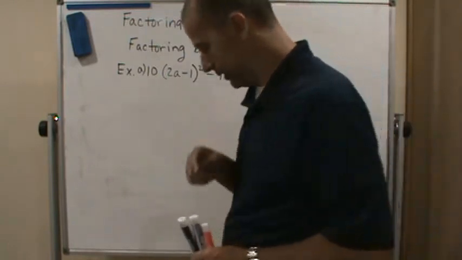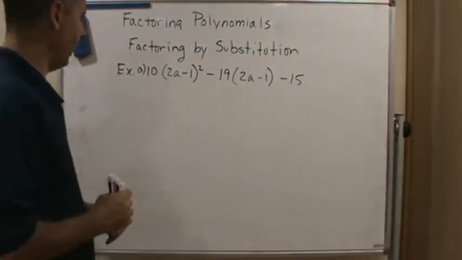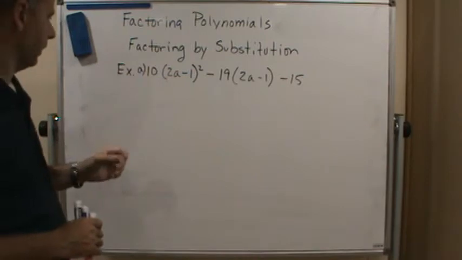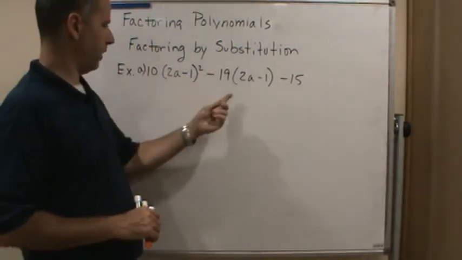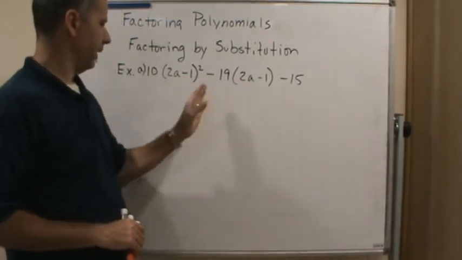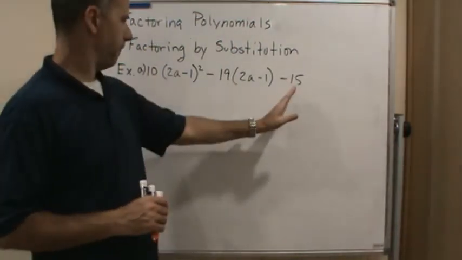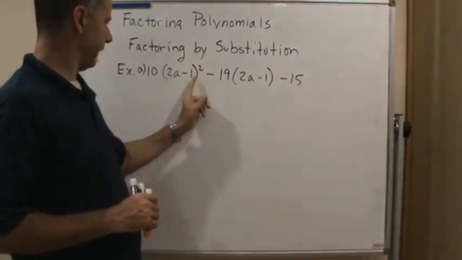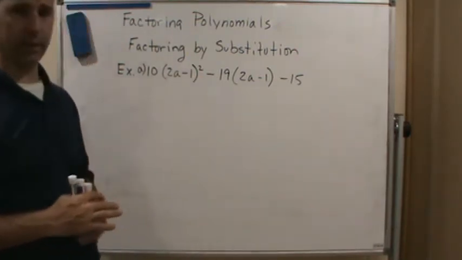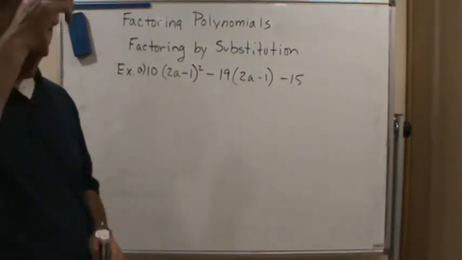So for example, in this problem here, I've got this 2a minus 1 squared and 2a minus 1, and so what I'm thinking is it looks like a trinomial in this variable here. So I'm thinking, what if I just replace that with x?